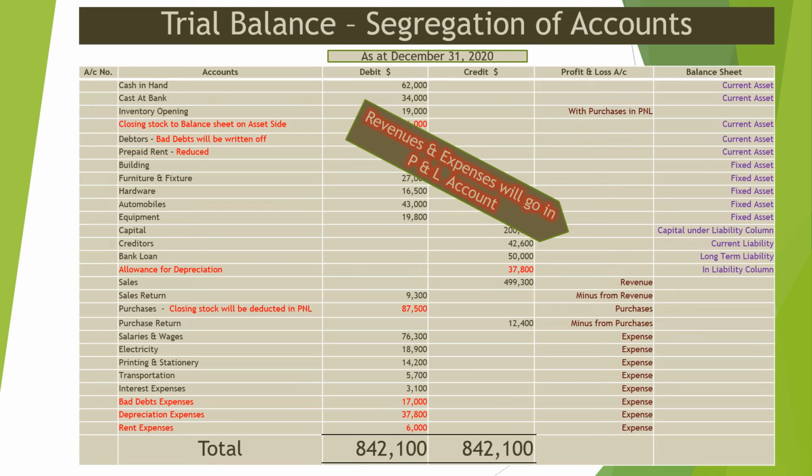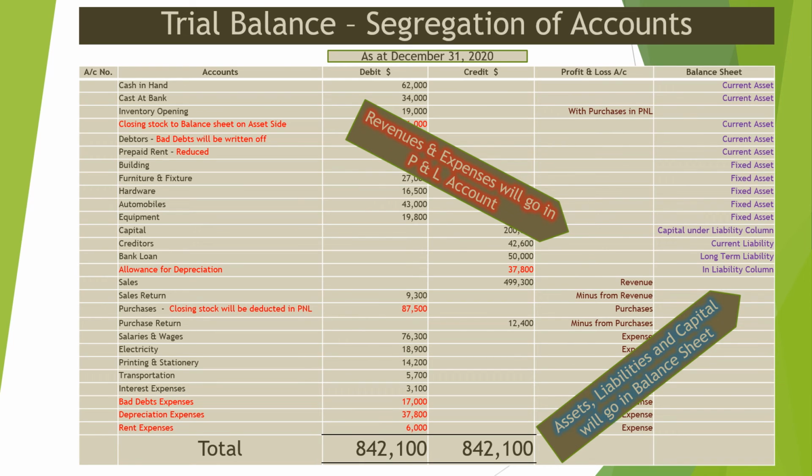The accounts which will go to the profit and loss account are in the profit and loss account column, and for the balance sheet in the column of balance sheet. We must remember that revenues and expenses will go in the profit and loss account. Assets, liabilities, and capital will go in the balance sheet.